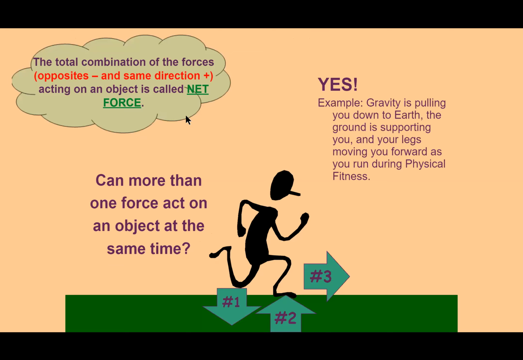So a total combination of these forces, opposite is negative, same direction is positive. When you see diagrams, we're going to use a lot of diagrams to represent forces so that you can try to figure out what direction an object is moving according to the amount of force applied. But there's always more than just one force. There's usually multiple forces.